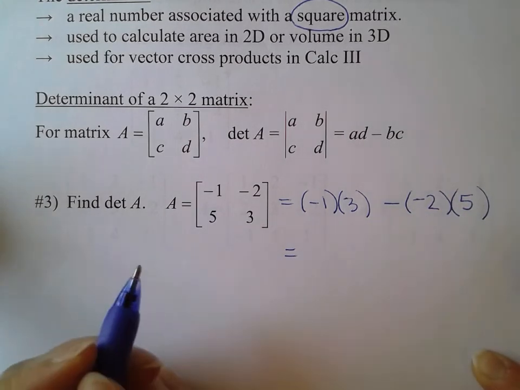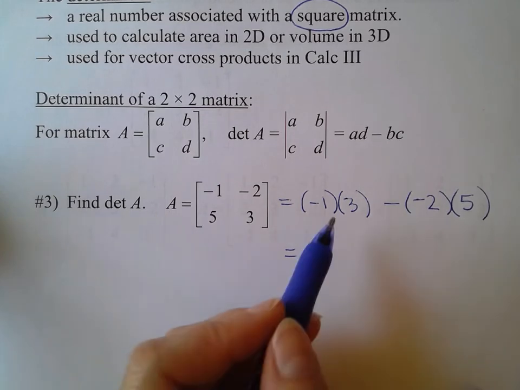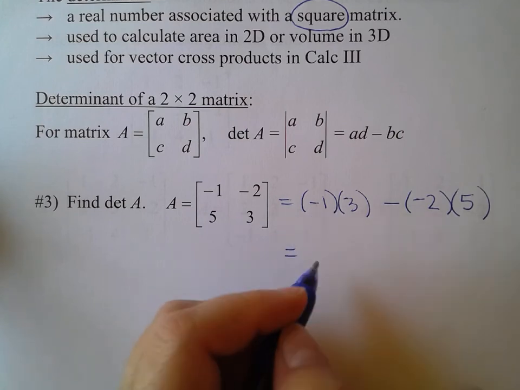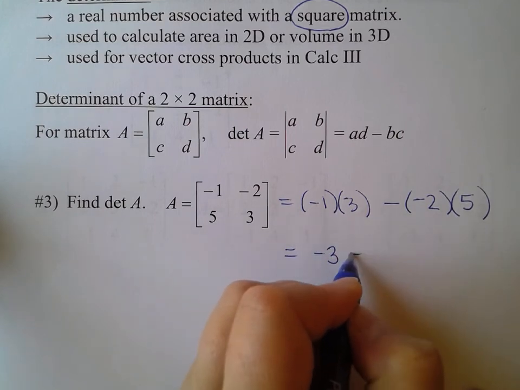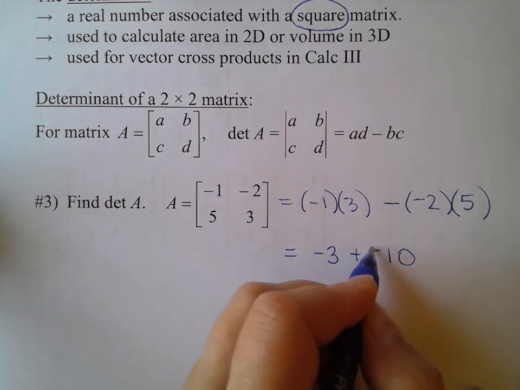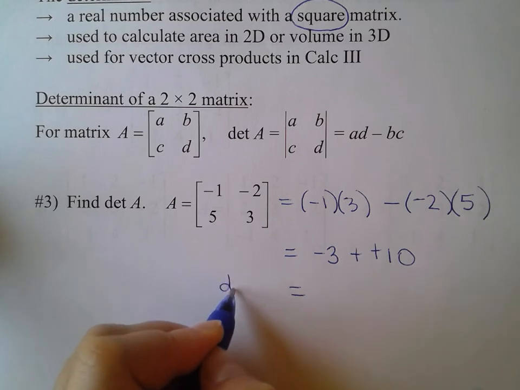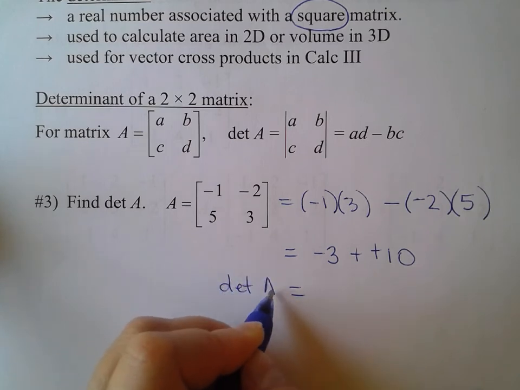And the determinant is just one number. It's not an array. It's not like some of the things we've done in the past. It's just one number. So this would be -3 minus -10. Really, this becomes +10. So the determinant of A here. Oops.